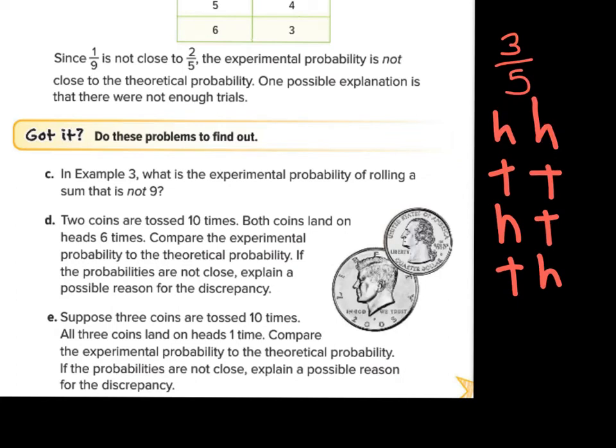So when we look at the combinations that we could get from tossing 2 coins, you can get them both heads, so head and head. You can also get both tails, tail and tail. You could have this one land on head and this one land on tail, so head, tail. Or this one on tail and this one on head, so tail, head.